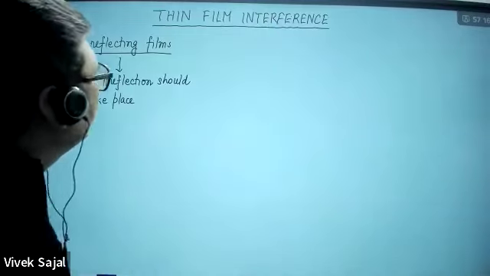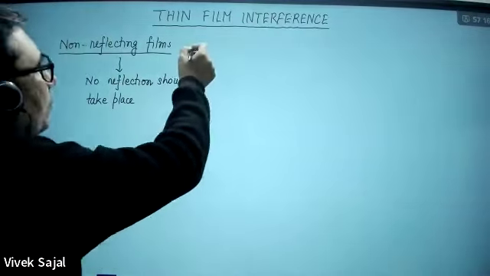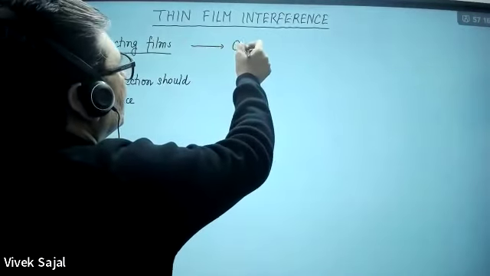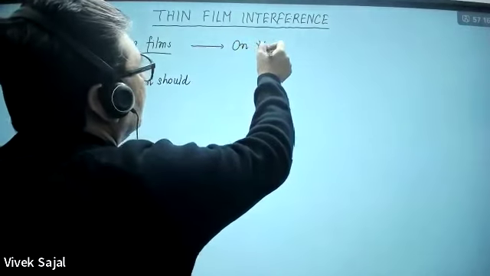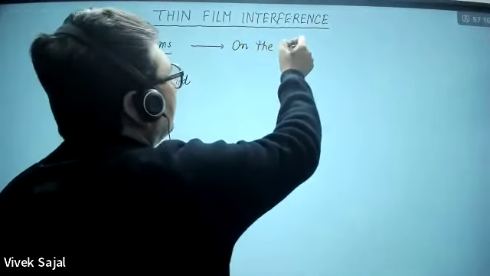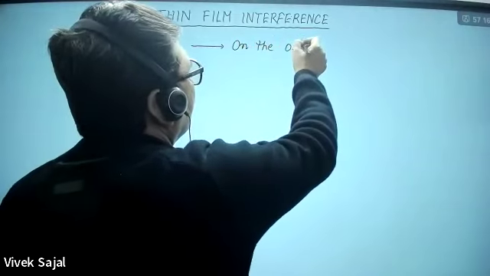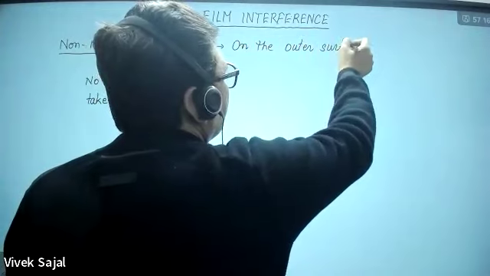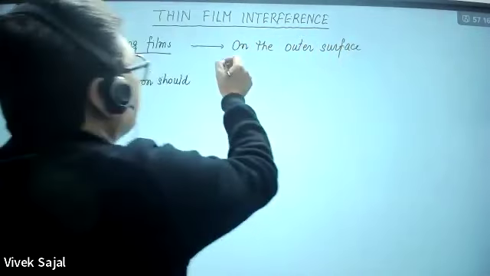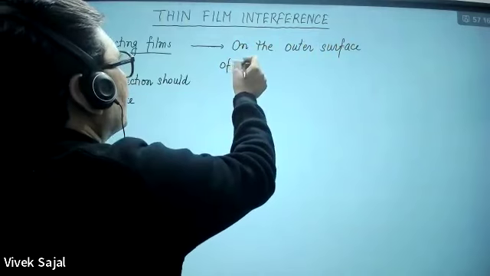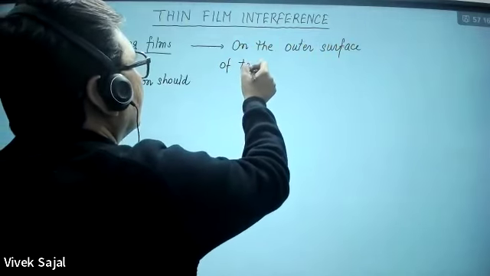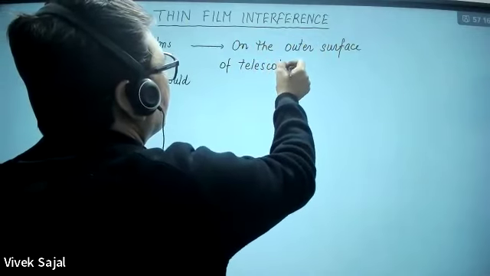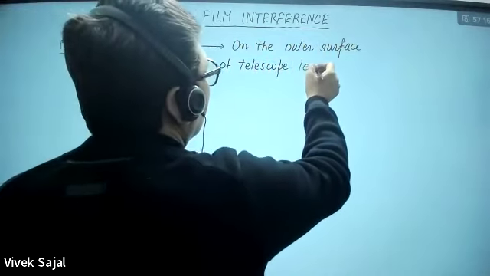This is our objective. So where are you going to use this type of film? For example, on the outer surface of the lens of a telescope.